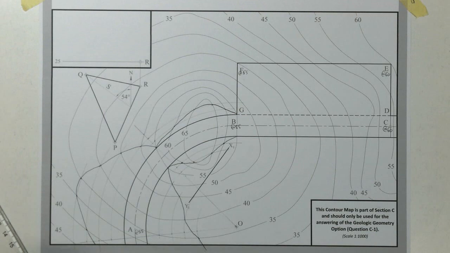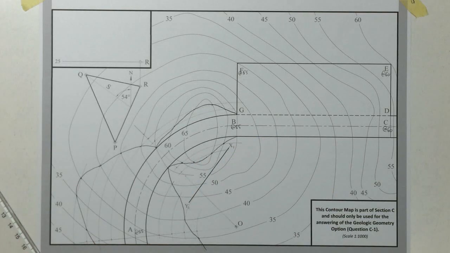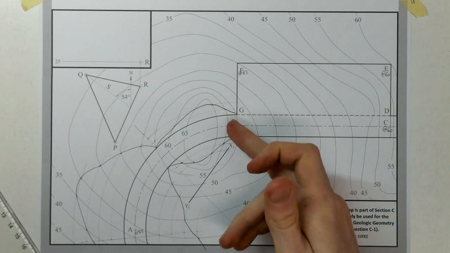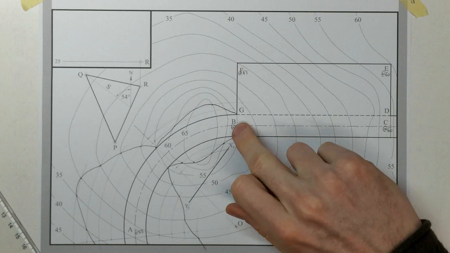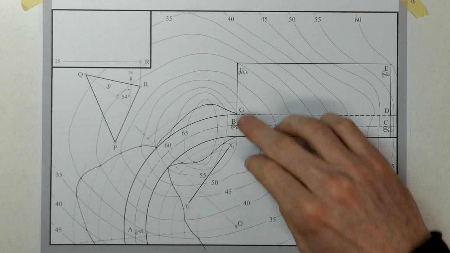Okay, so I fill my cut. Now, from B out to F, that is all level at 55.